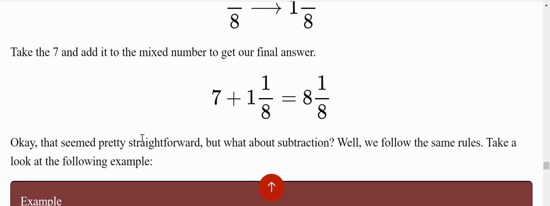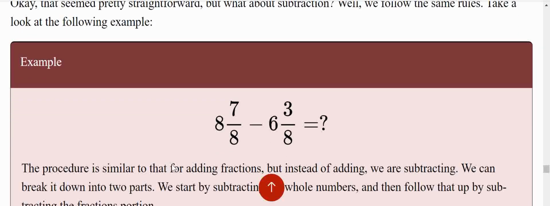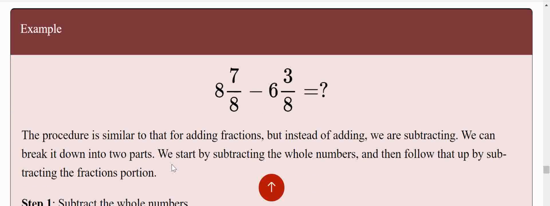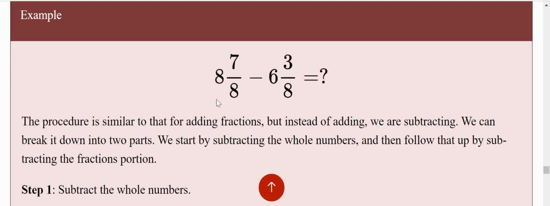Okay, that seemed pretty straightforward, but what about subtraction? Well, we follow the same rules. Take a look at the following example. Here we have 8 and 7/8 minus 6 and 3/8.